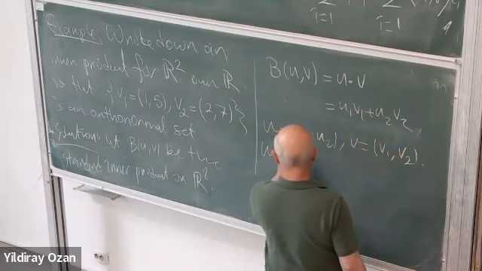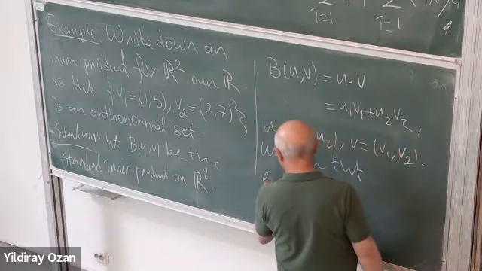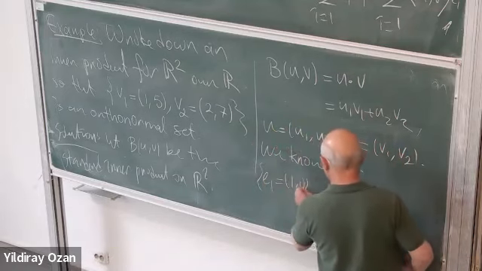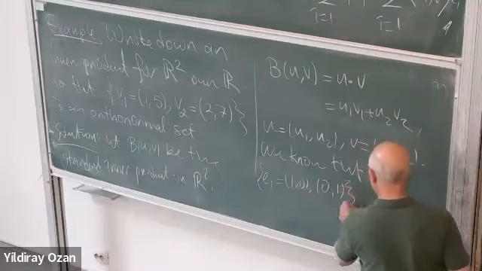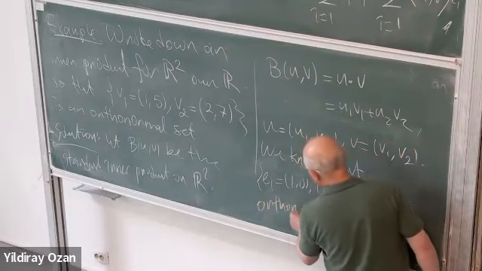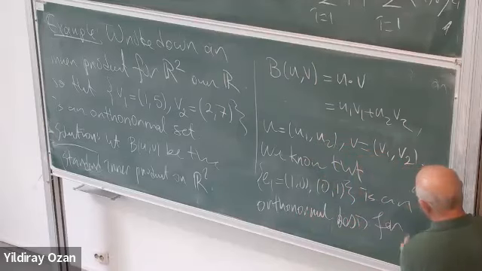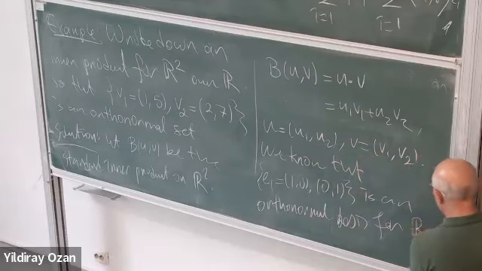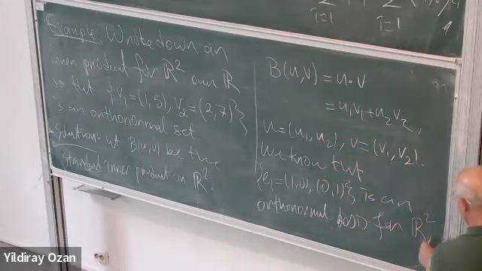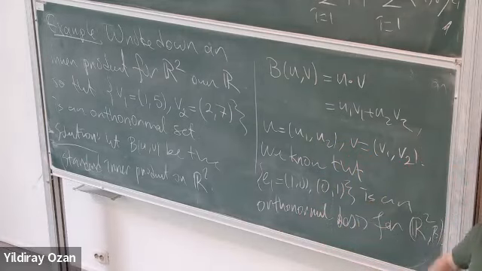We know that e1 = (1, 0) and e2 = (0, 1) is an orthonormal basis for R2 with B. So for this vector space and this inner product, we know that this is an orthonormal basis.